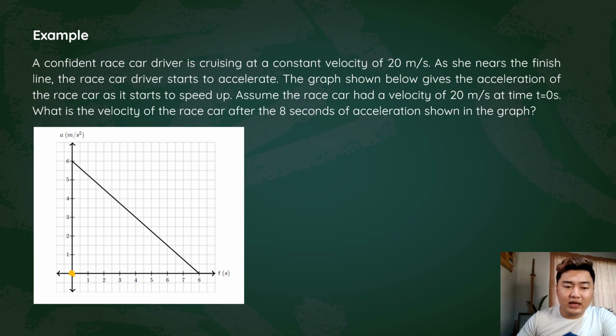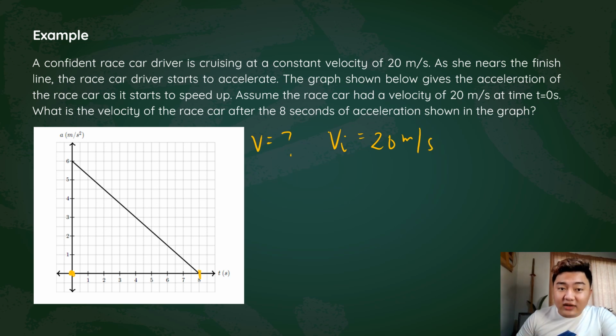What is asked for here is to solve for the velocity of the car after 8 seconds, which is shown in this graph. How can we solve for the velocity if our initial velocity is 20 meters per second?